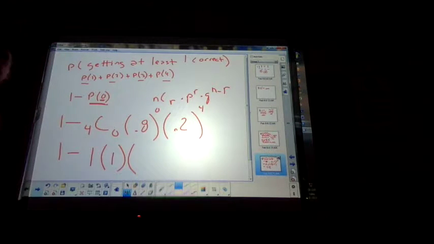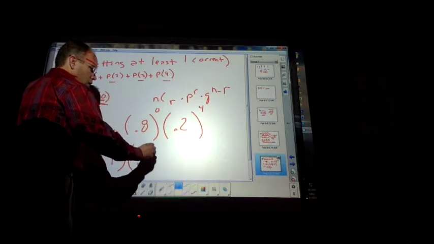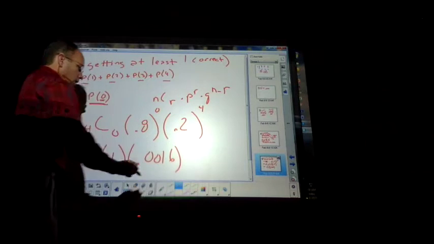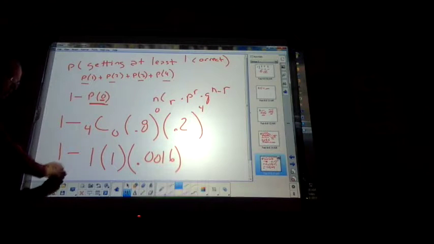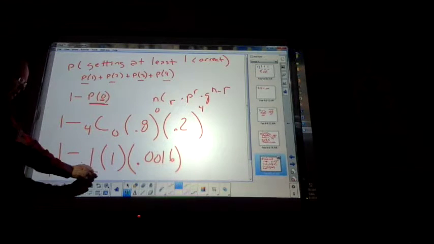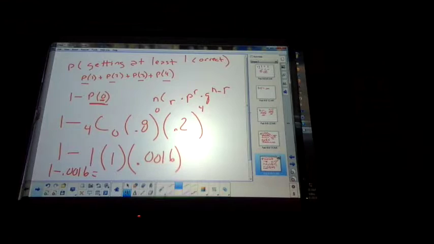What is 0.2 raised to the 4th power? So 0.2 times 0.2 times 0.2 times 0.2. Say it one more time. 0.0016. Okay. So 1 times 1 times 0.0016. This is going to become 1 minus 0.0016. What is 1 minus 0.0016?